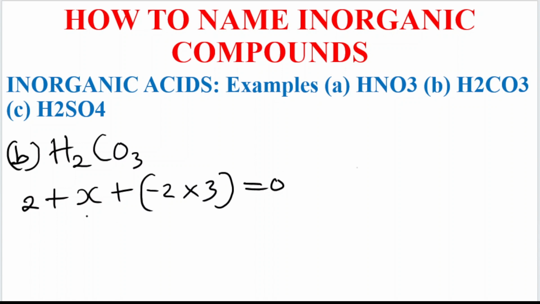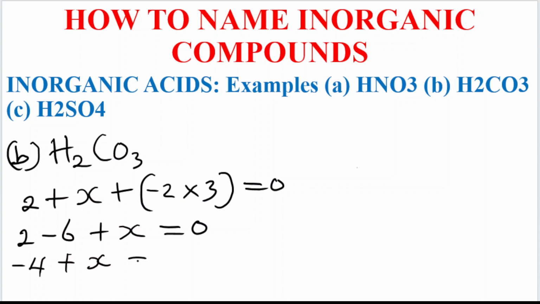Alright, so 2 minus 2 times 3 is minus 6, collecting like terms, plus X equal to 0. 2 minus 6 is minus 4. Minus 4 plus X equal to 0. So sending minus 4 to the other side, it will change to plus. X is equal to plus 4.